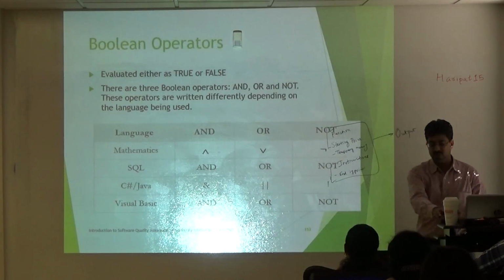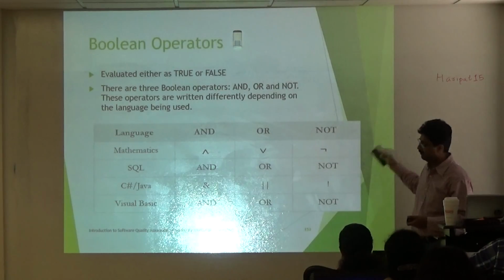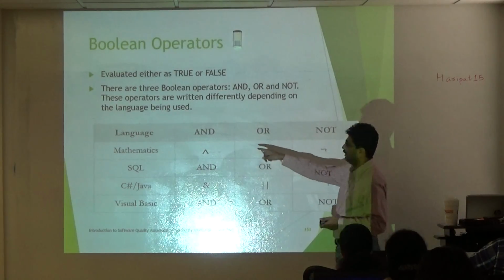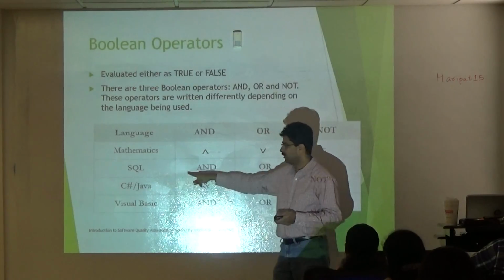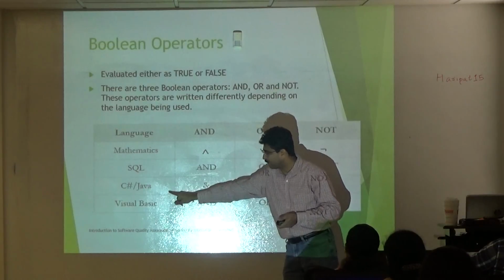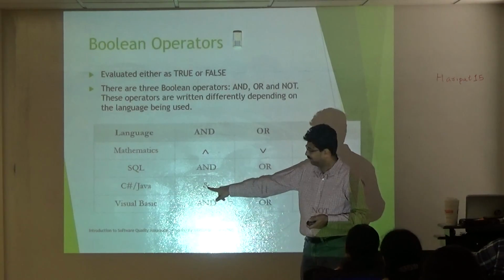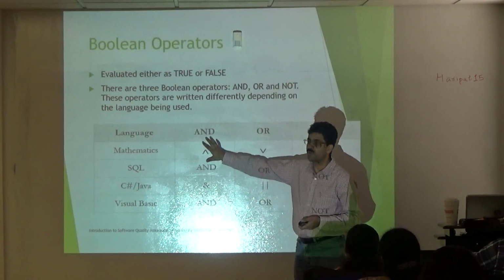So how would I go and specify those operators? In this case, if I'm doing SQL, I can use the operator AND. In a programming language, if you're using C# or Java, you will use this symbol. So this becomes part of your instructions.